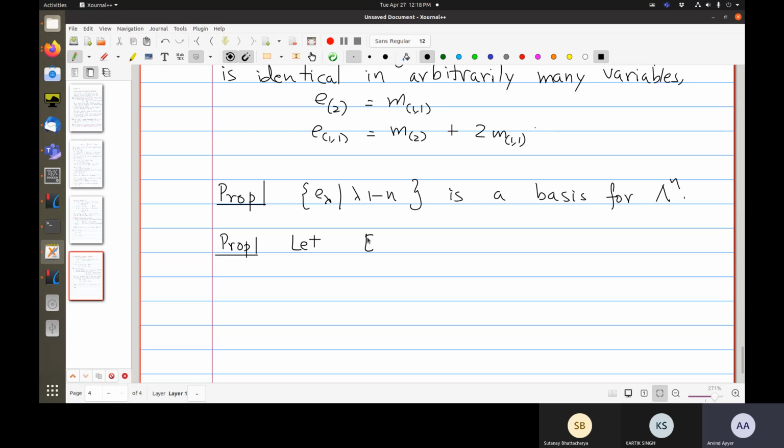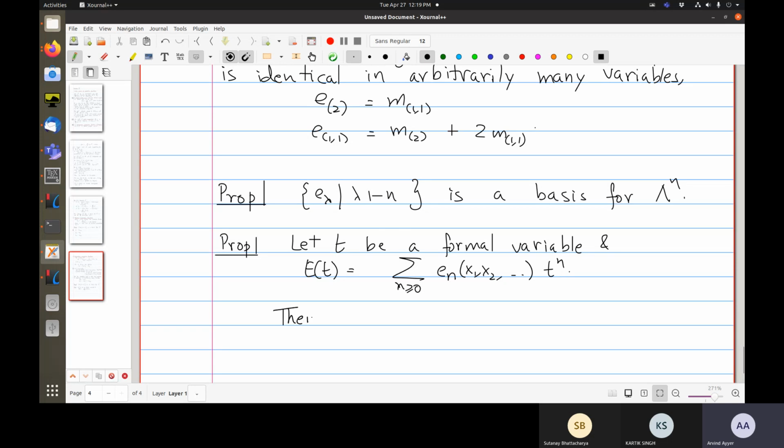Let t be another formal variable, and E of t be the formal power series, sum over n greater than or equal to 0, of En in x1, x2, etc., so in infinitely many variables, times t to the n.